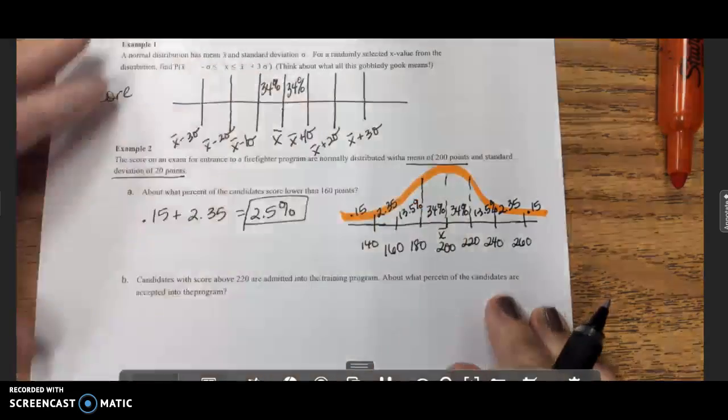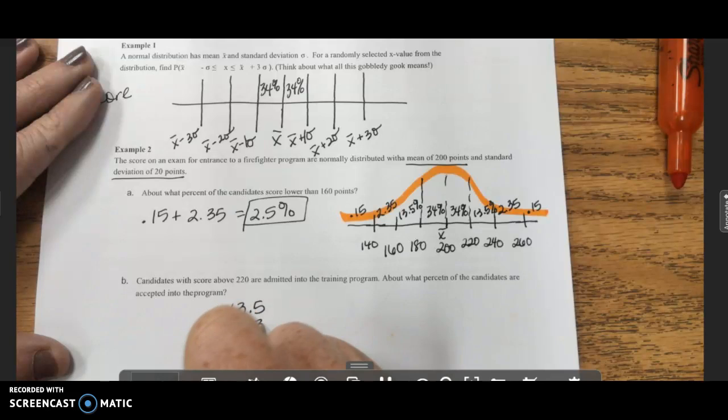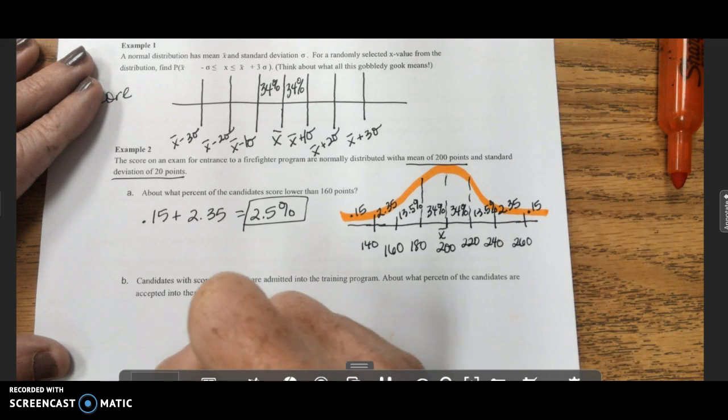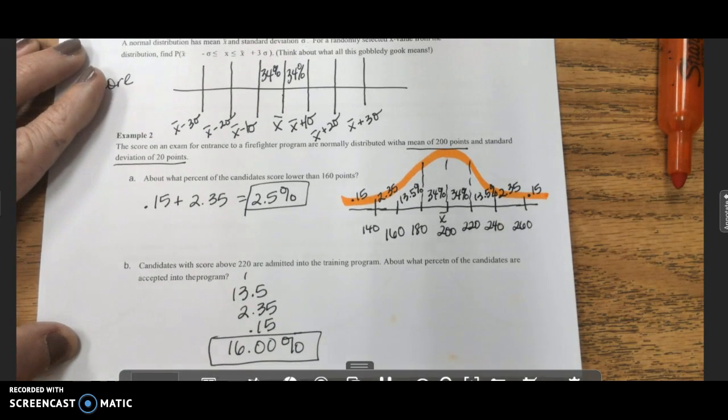Just add them up, right? So I've got 13.5, 2.35, and 0.15. So about 16% of the candidates are admitted. That's probably an accurate percentage of people who get into the Fire Academy off the examination, because it's pretty low. I think it's actually lower than that in California.